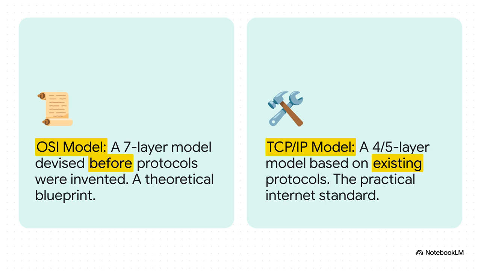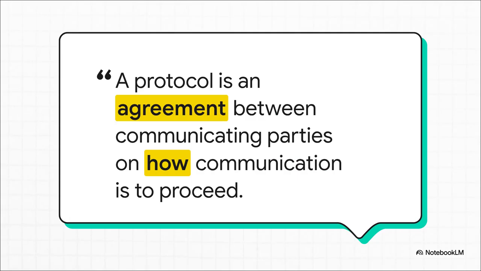It's a classic story of messy reality winning out over perfect theory, and it's the standard that runs our internet today. And really, it all just boils down to this entire mind-bogglingly complex global network. It functions because of a simple, incredibly powerful idea: agreement. This shared rulebook is the true foundation of our connected world.